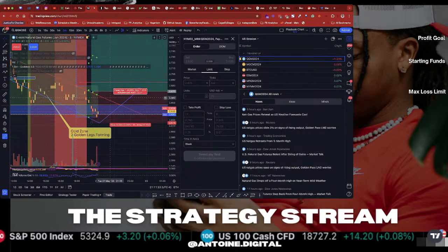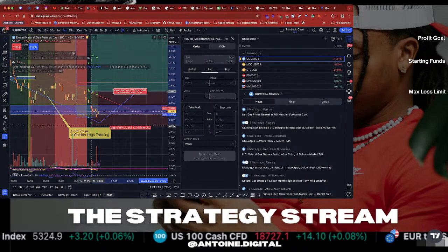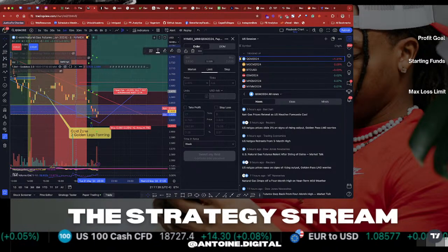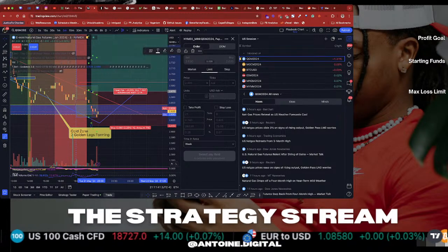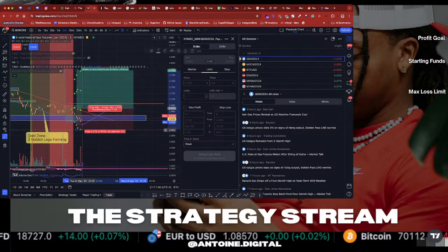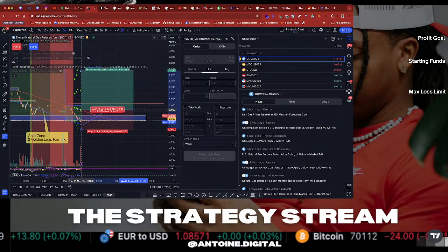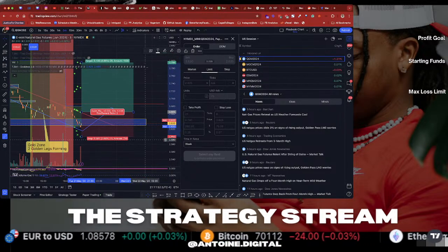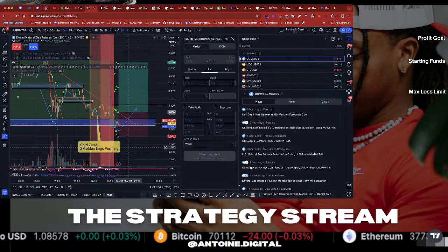So I'm gonna keep my eye on this. If this comes up, I'm letting y'all know right now. I'm gonna set me a nice trade. This one I'm gonna be setting right here.